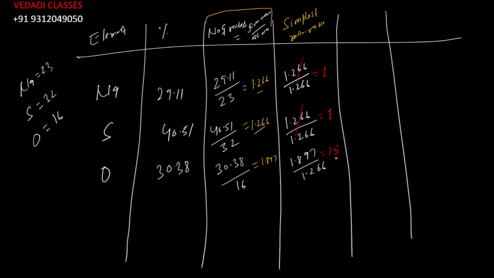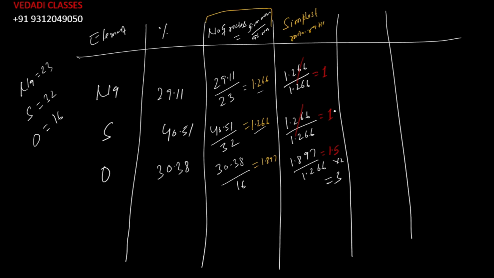Now, what is the definition of the empirical formula? The simplest whole number molar ratio. It is the simplest ratio, but it must be in whole numbers. Since we have 1.5, you have to convert it into whole numbers by multiplying all the values by 2.